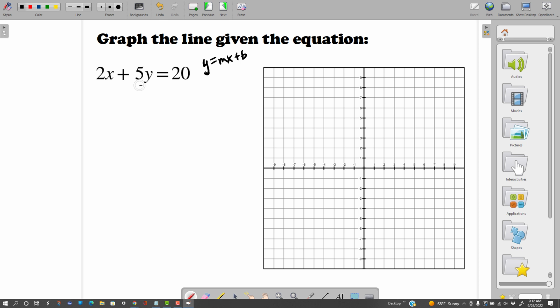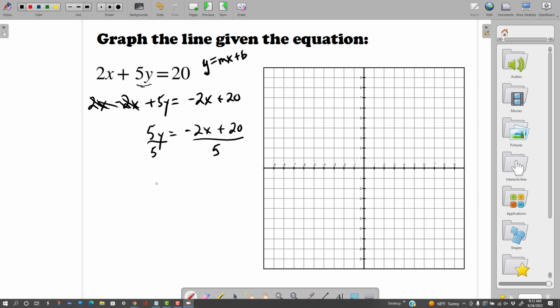So I need to get the y term by itself, so I'm going to subtract 2x from this side, and I'm going to subtract 2x from this side. The 2 x's add out. I get 5y equals negative 2x plus 20. I'm going to divide by 5 and divide by 5. 5's divide out.